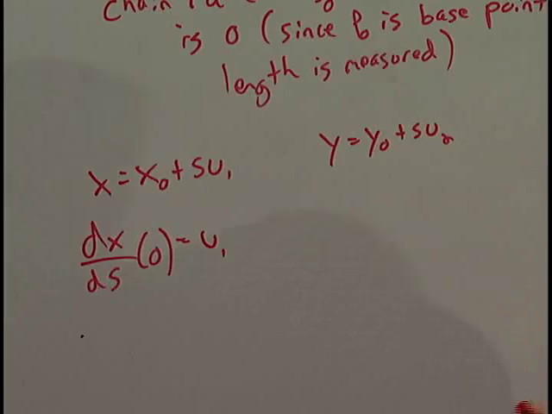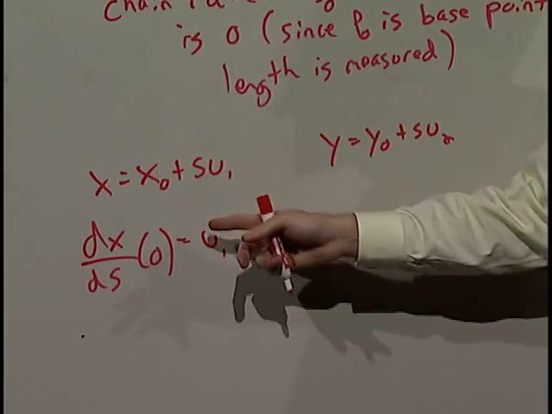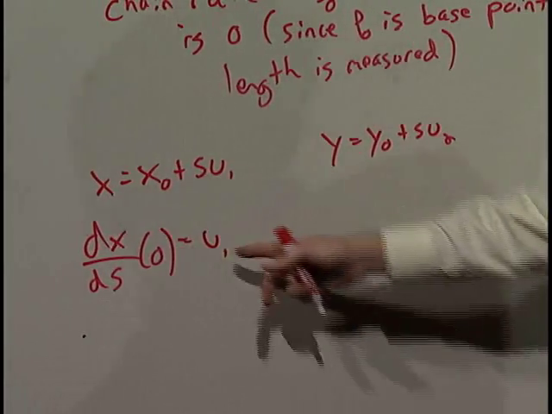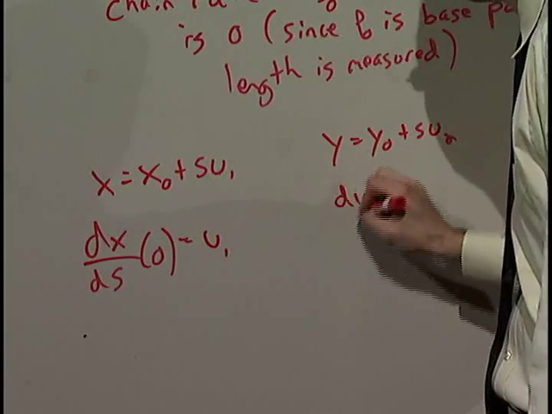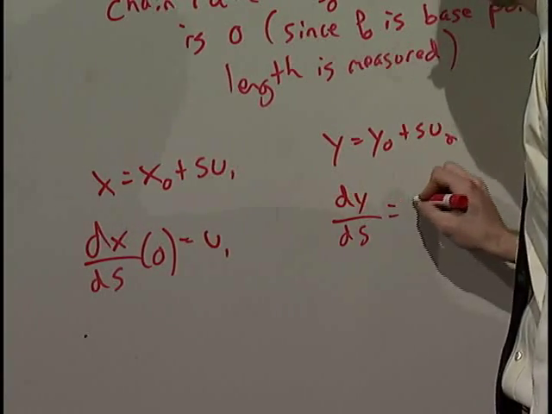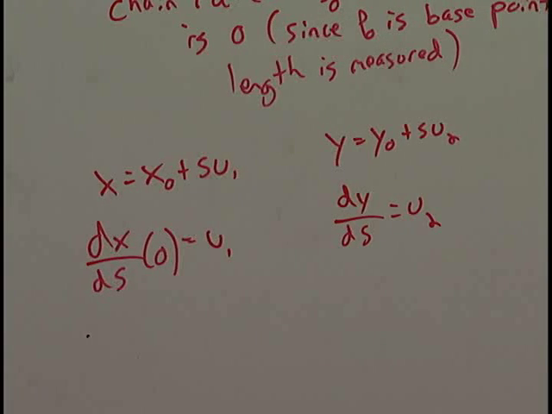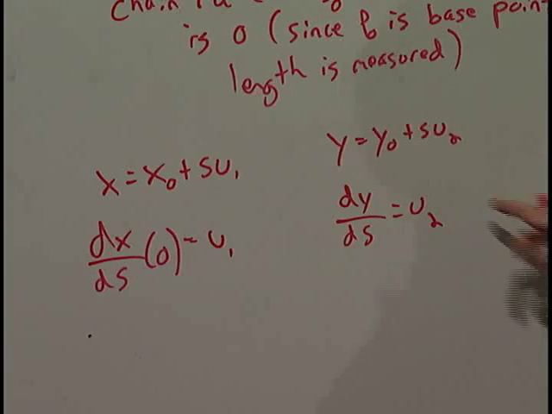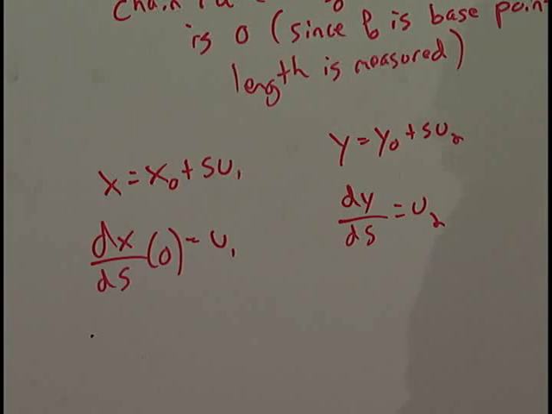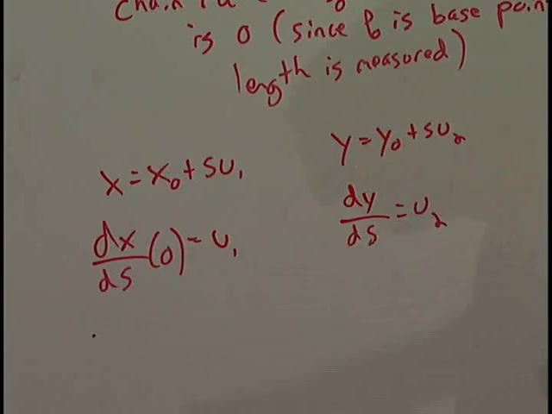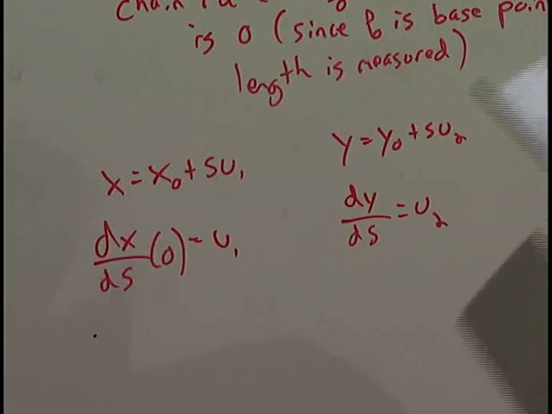The 0 doesn't make a difference, since there's no s to put in. And dy/ds is equal to u2, again a constant. That should make some sense: the rate of change along a line is essentially the slope of the line in that direction, which is u1 and u2.